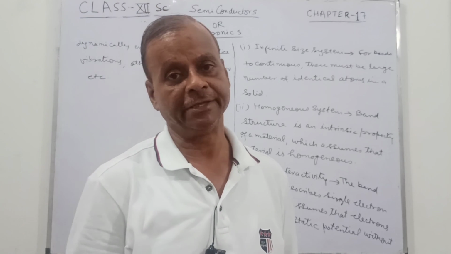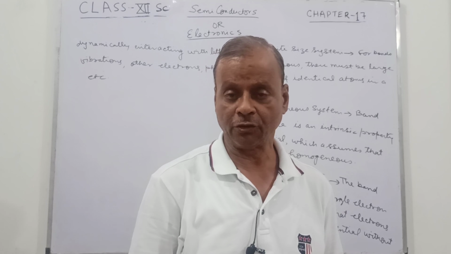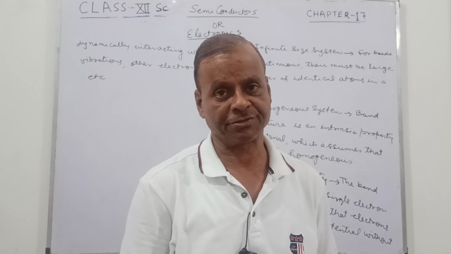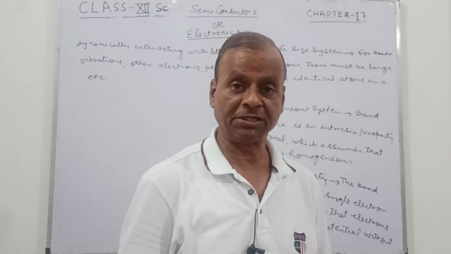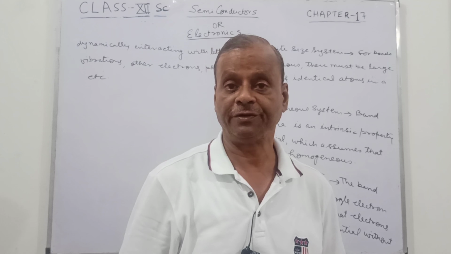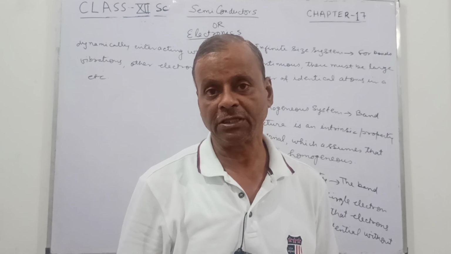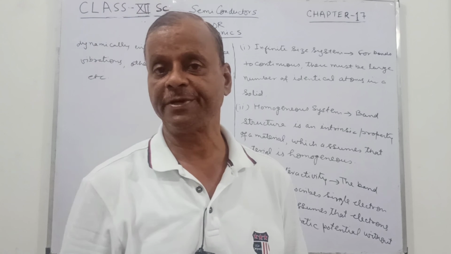The energy orbitals are very closely spaced, so there is a continuum, a continuous energy orbitals, which is called the energy band. Depending upon the nature, the energy bands are of two kinds: the conduction band and the valence band.